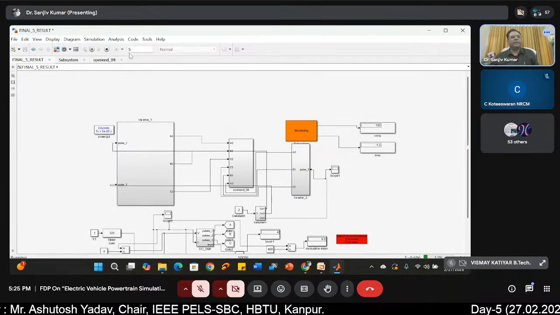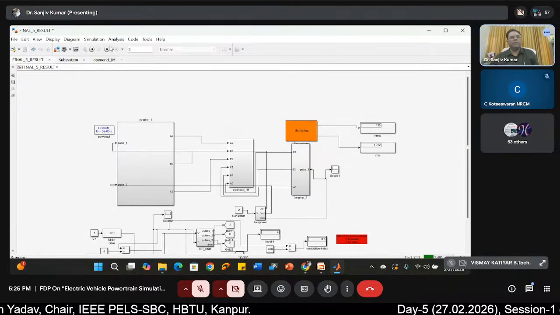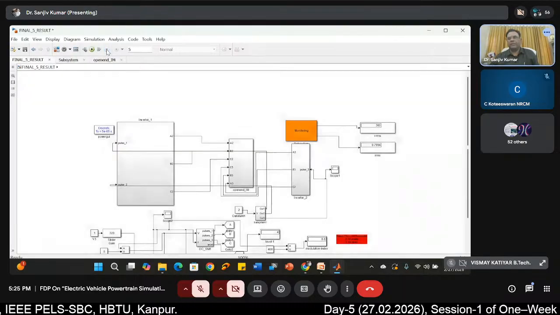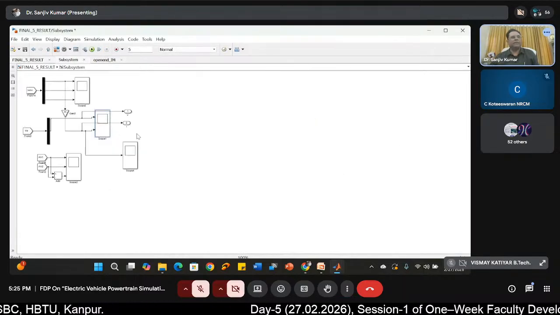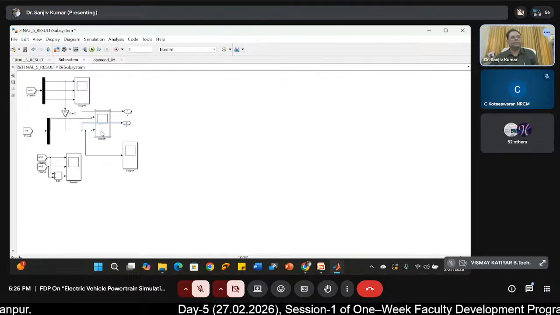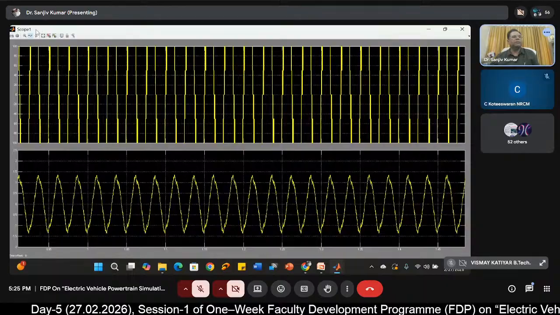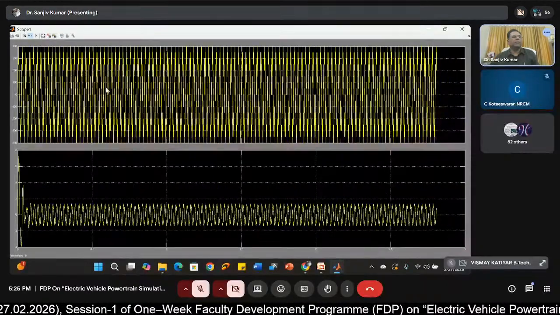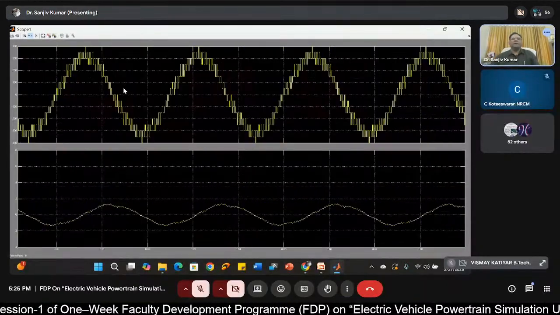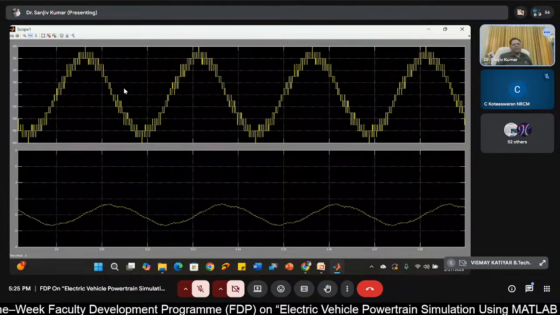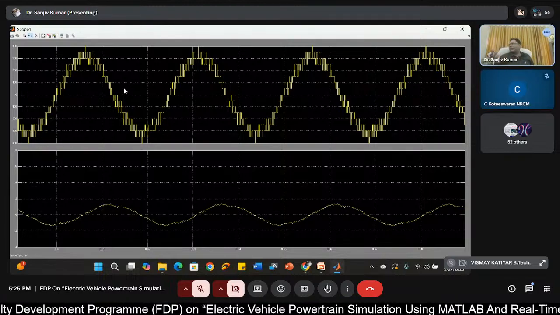See the quality of output voltage and all. Just see. It is going towards sinusoidal.